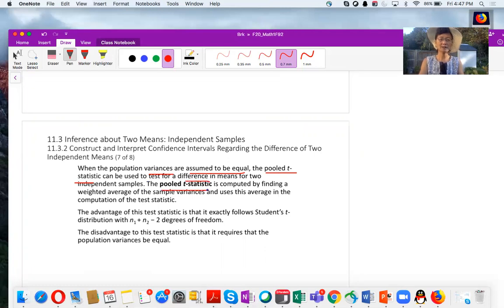The pooled t-test is computed by finding a weighted average of the sample variances and using this average in the computation of the test statistic. And if you use pooled variance, for the degree of freedom, you use N1 plus N2 minus 2. Okay. The disadvantage of this test is that it requires we assume population variances are equal.